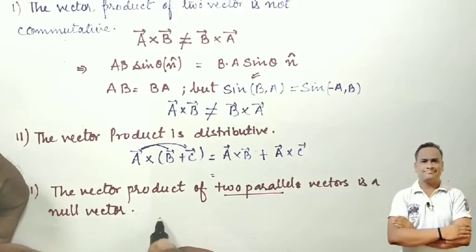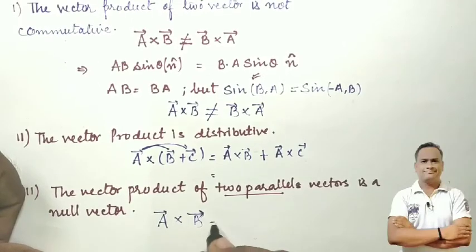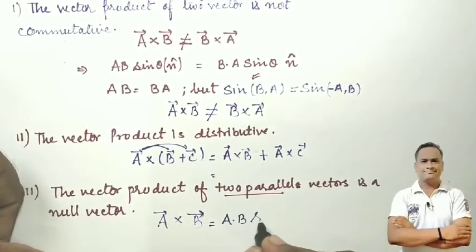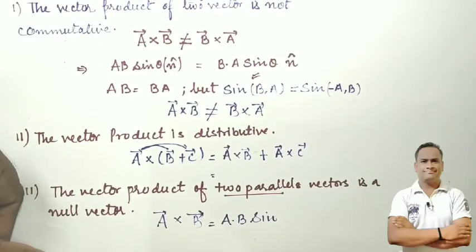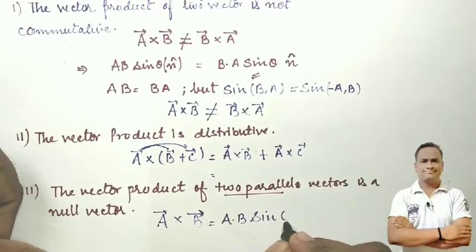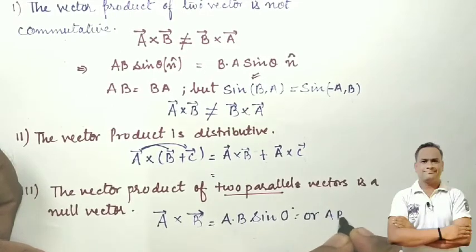If the first vector is A and the other vector is B, and we take their cross product and they are parallel, then it is AB sin 0 degree, or it can also be written as AB sin 180 degree.